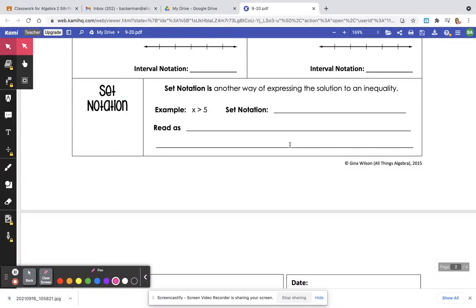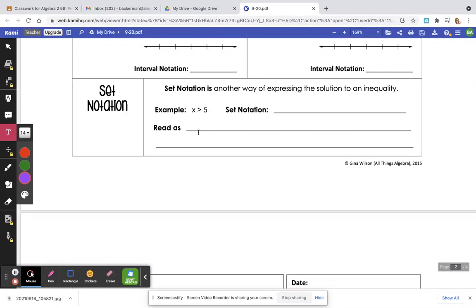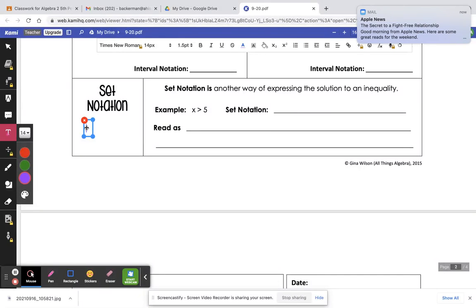So there is something called set notation. Set notation is just another way to write the exact same information. For example, here they're giving us x is greater than 5. If we were to write that in interval notation, we would say, okay, x is greater than 5.